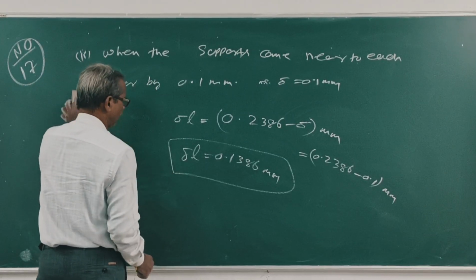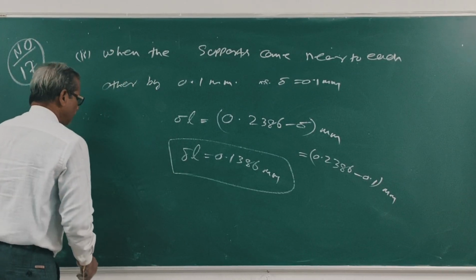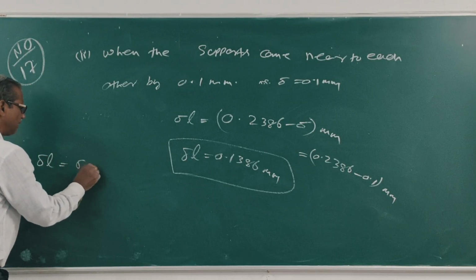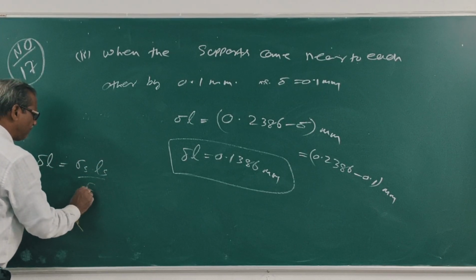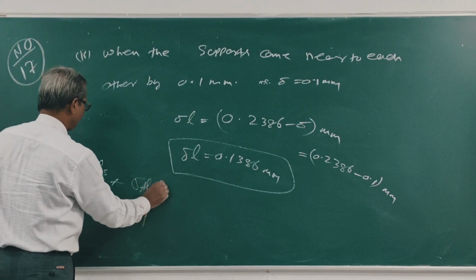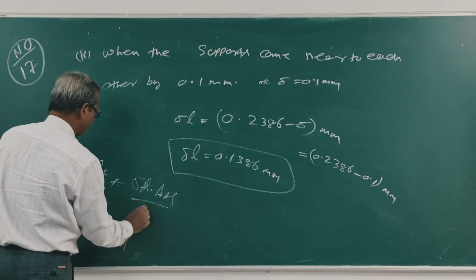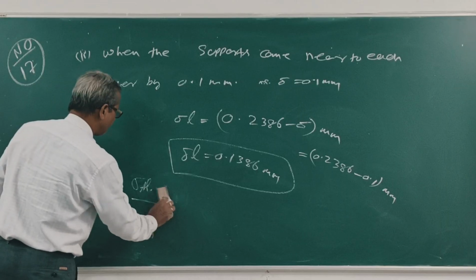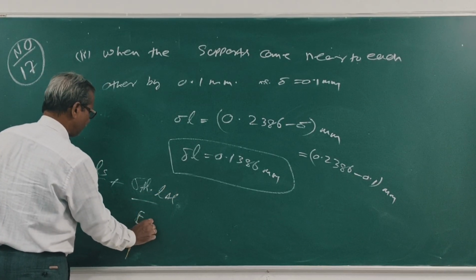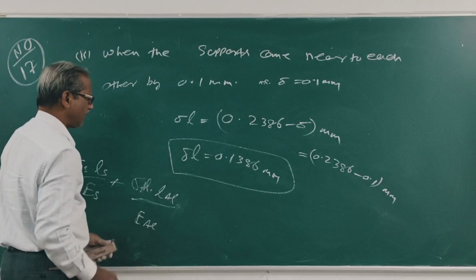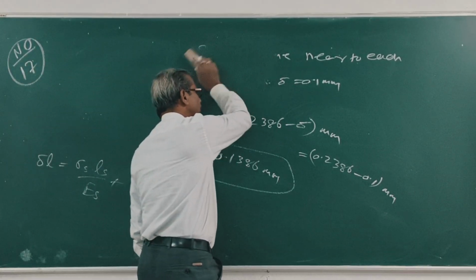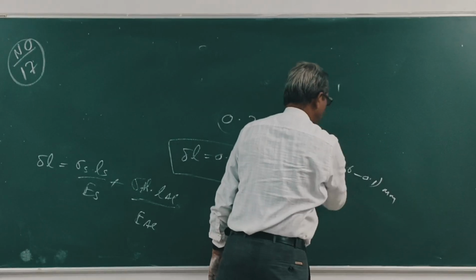Now, the delta is equal to sigma s L s by E s plus sigma aluminum L aluminum by E aluminum. Right. Now put all the values.